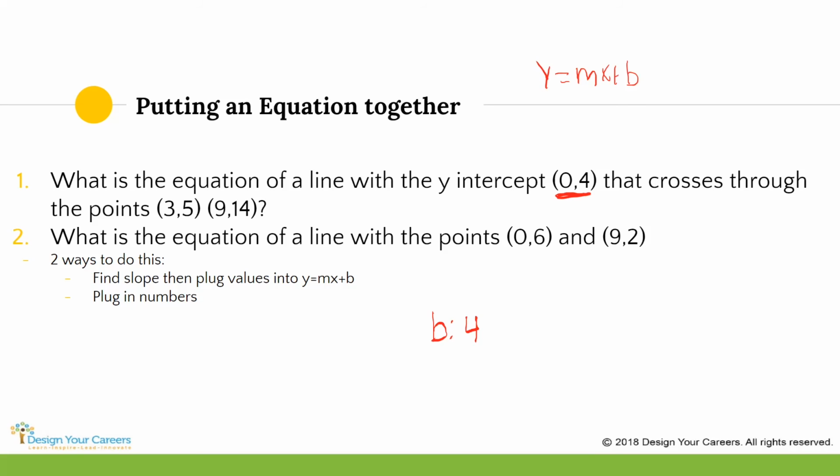So now it's just a matter of doing exactly what we've been doing before. We need to find the slope of these 2 points right here. All right, so it doesn't matter which points you pick, because no matter whether you pick this point over here and this point over here, or you pick 3, 5 and 0, 4, you will always get the same slope. So let me just rearrange this a little bit. We know our b value will be 4, and we're trying to find that m value, that slope value.